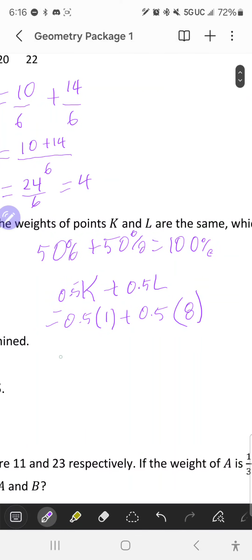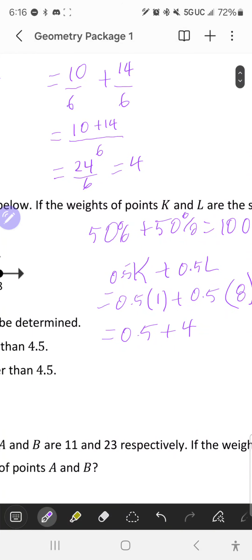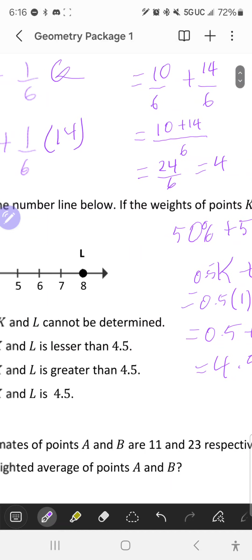We have 0.5 times 1, which equals 0.5, and 0.5 times 8, which is equal to 4. 0.5 plus 4 is equal to 4.5, and we have that our weighted average is 4.5.